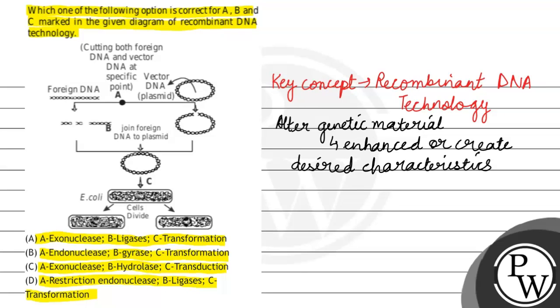So in recombinant DNA technology we use a foreign DNA and the vector DNA, which is cut at specific points using restriction endonuclease.